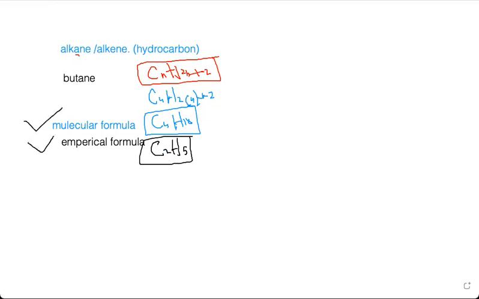Okay, so let's draw some displayed formula. This is not a structural formula, this is the displayed formula, because whenever students are asked to draw a structural formula, everyone gives the displayed formula. So what is the displayed formula? It is the one in which there is detail of bonding.